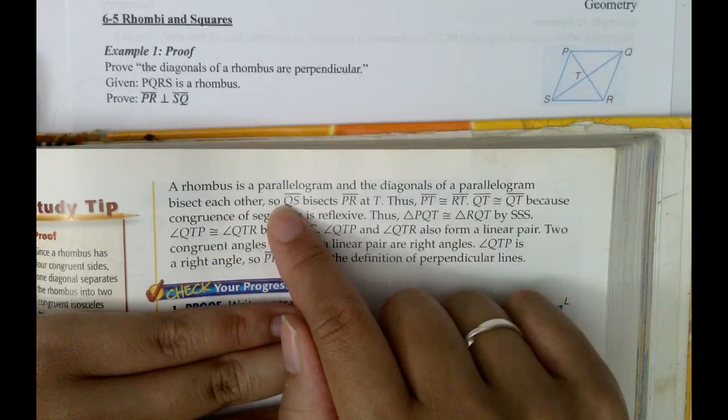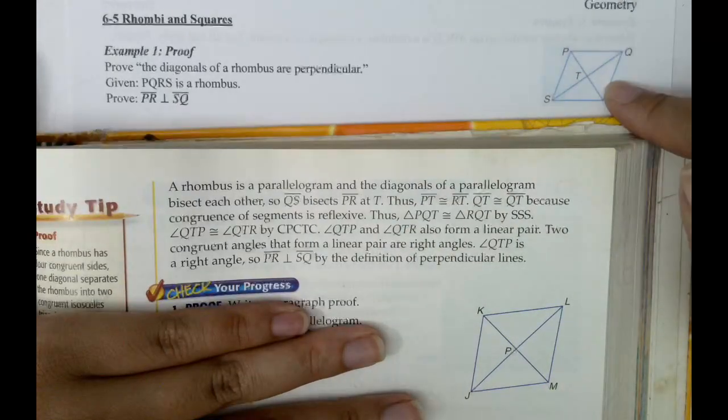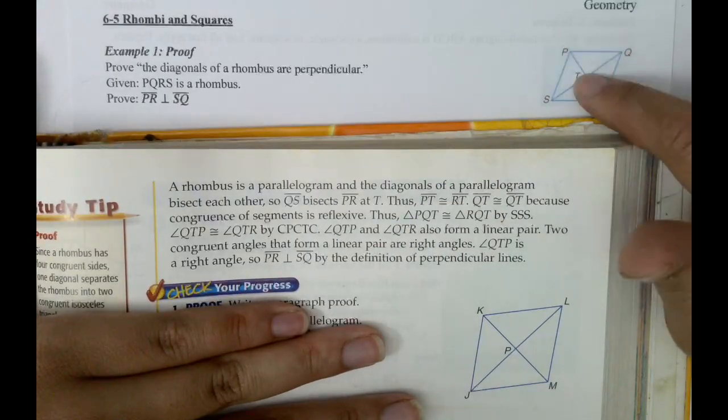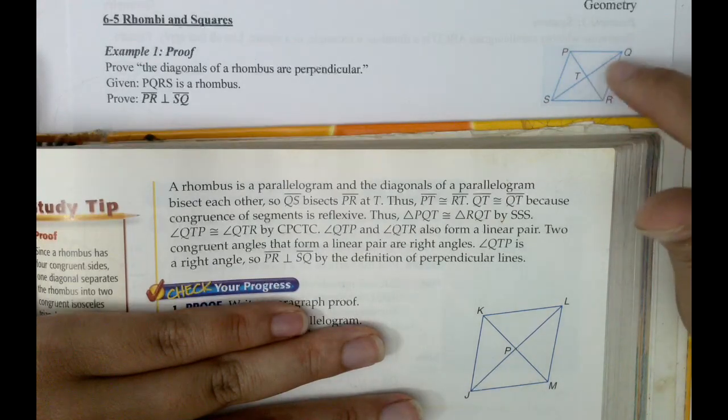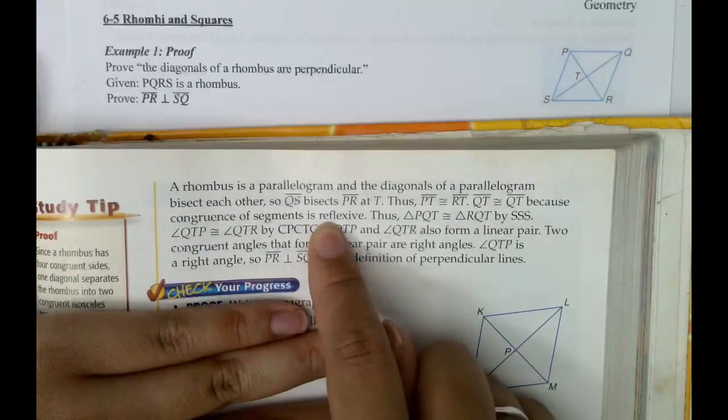As a result, QS here bisects PR, and PT here is congruent to RT. And then we know QT is congruent to QT because of the reflexive property.